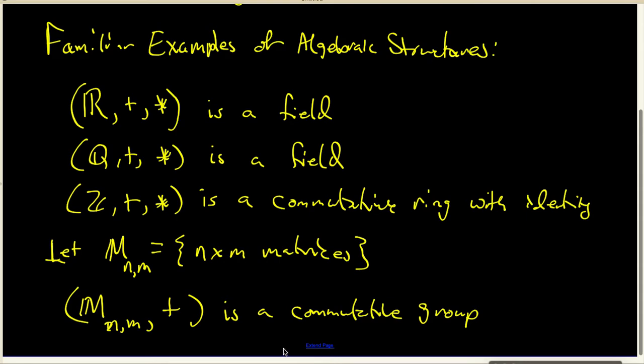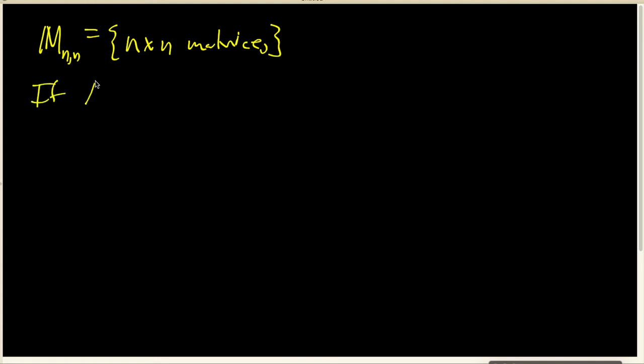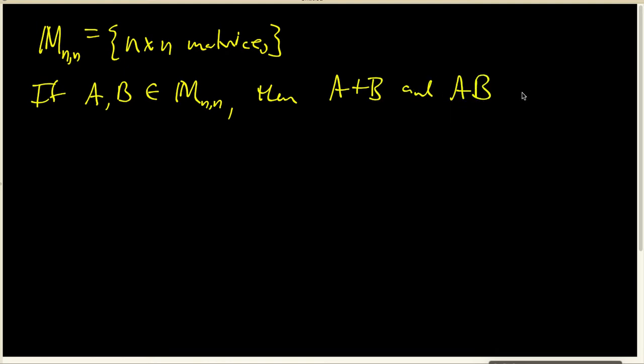But if I think about square matrices, I know how to add and multiply two square matrices. So the set of square matrices would be M sub n,n. This is the set of n by n matrices. If I take two matrices A and B inside this set, then A plus B and A times B are both defined.